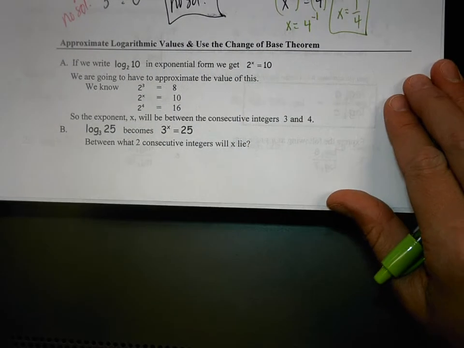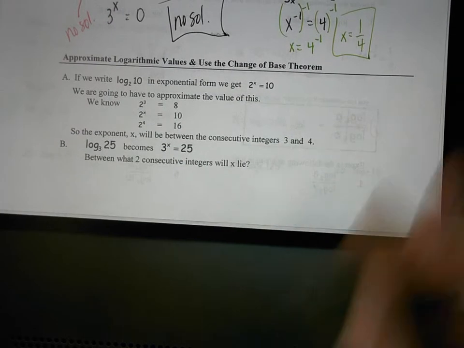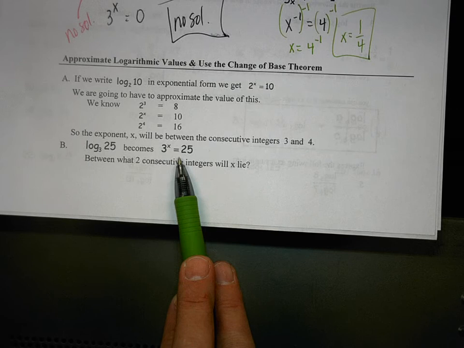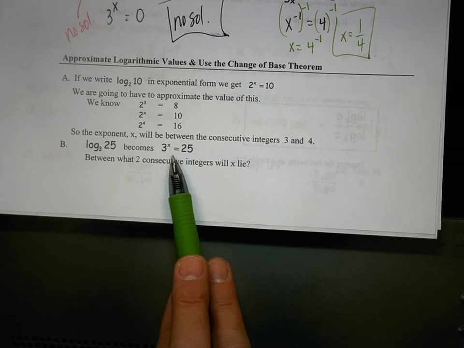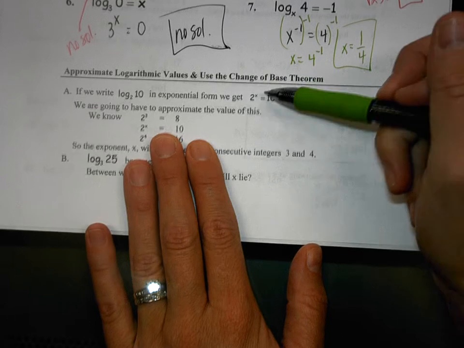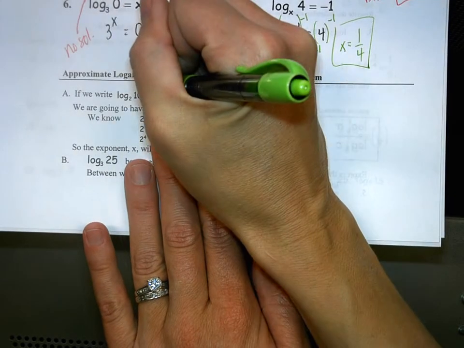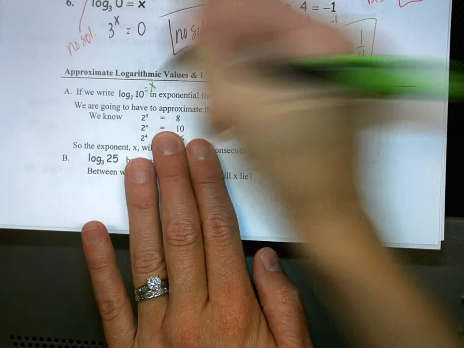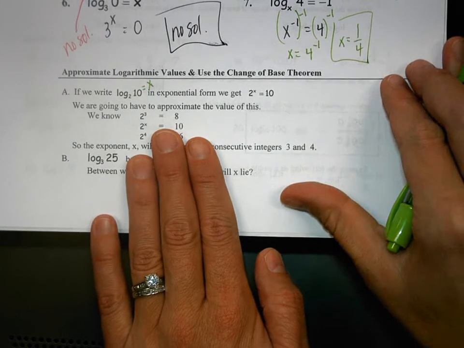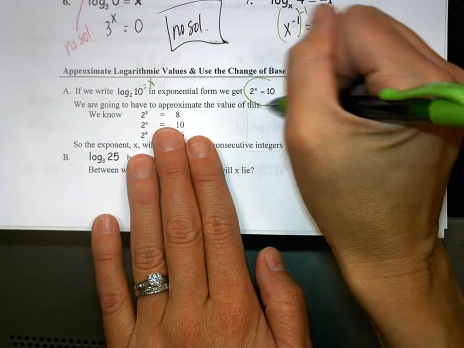So there are going to be times that when you change this to exponential form, you're going to get something that doesn't make an exact answer. So let's start back here, A. When you have log base 2 of 10, if we set that equal to x and change that to exponential form, you would write that as 2 to the x equals 10.